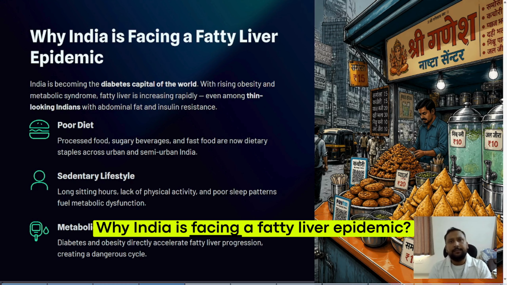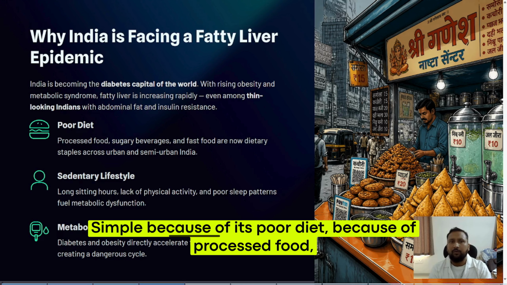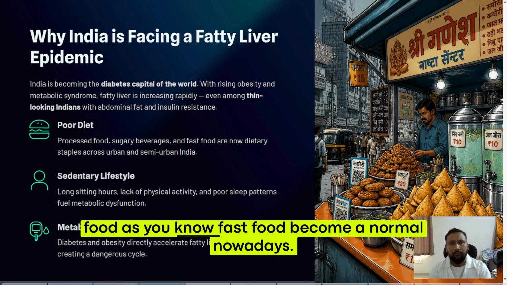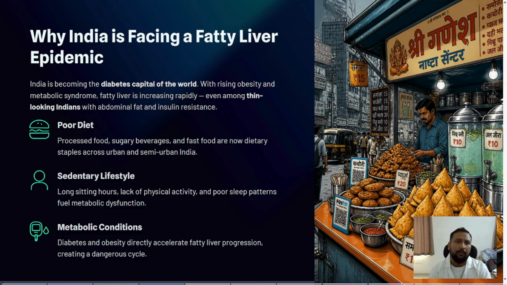Why is India facing a fatty liver epidemic? Simple. Because of poor diet: processed food, sugary beverages, fast food. As you know, fast food has become normal nowadays.